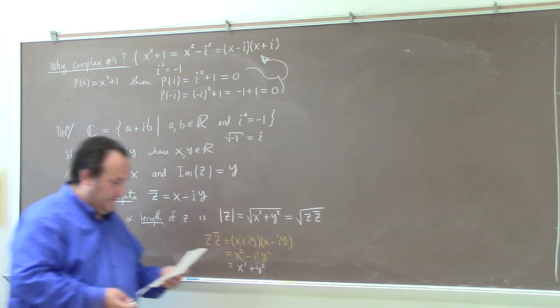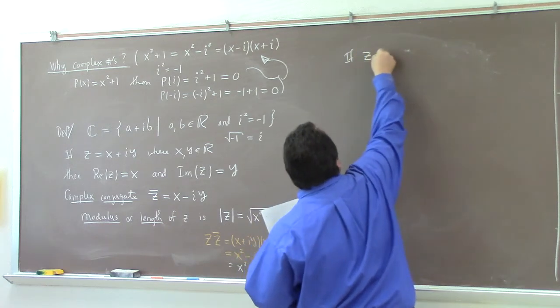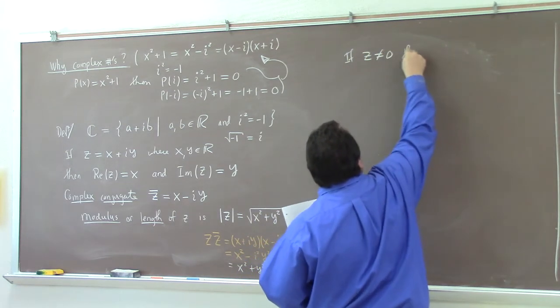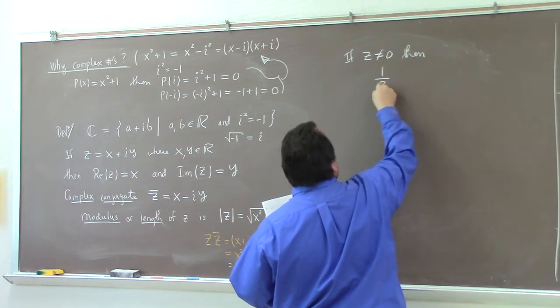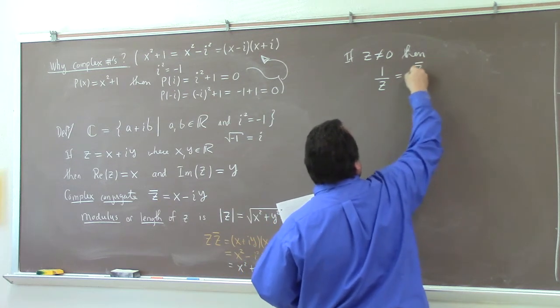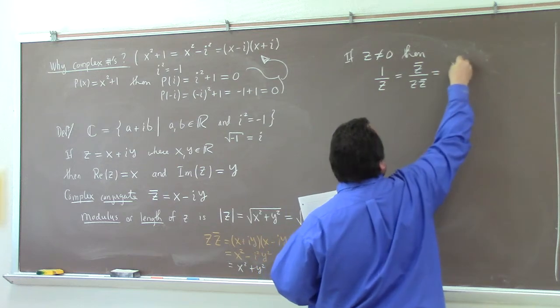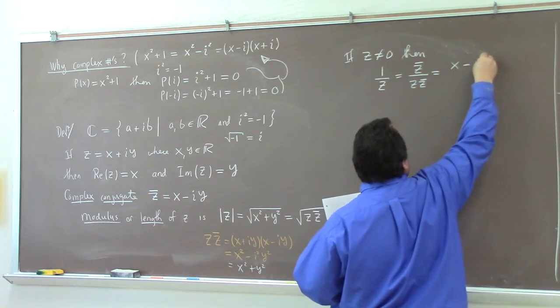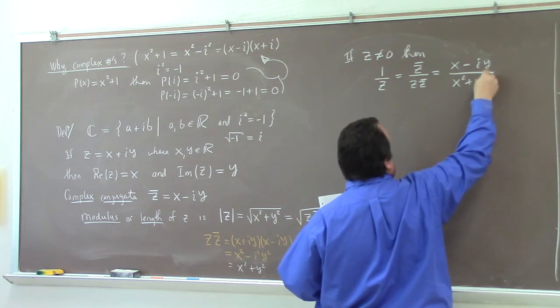And finally, if z is not equal to 0, then the reciprocal, 1 over z, is equal to z bar over z z bar, which is equal to x minus iy over x squared plus y squared.